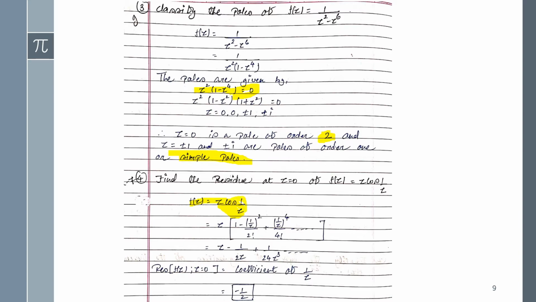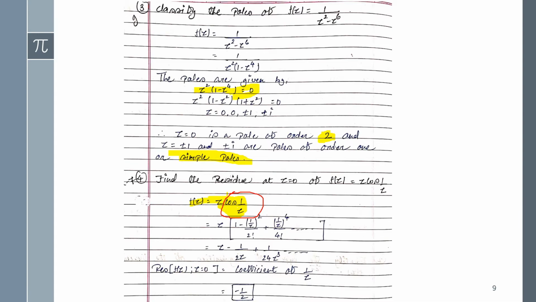Now you can observe that z is a constant factor, in the sense that we can't simplify it or convert it into series form. But the other function given, cos of 1 upon z, you can definitely write its expansion. So I'm writing the expansion of cos of 1 upon z.